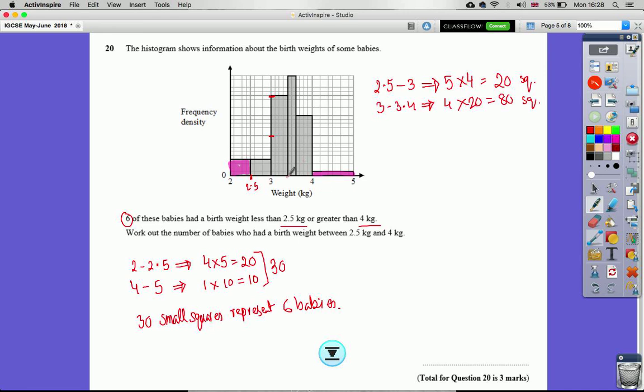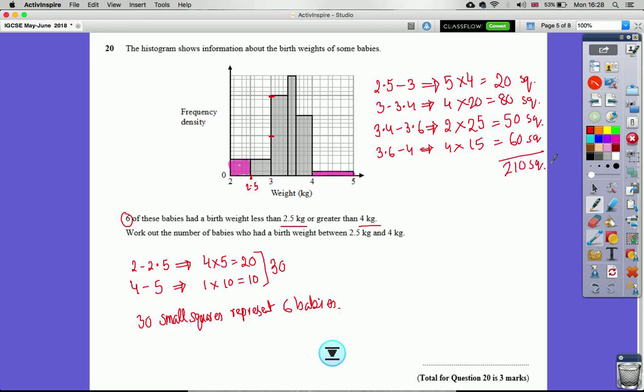Between 3.4 and 3.6, I have got 2 times 25, that's 50 squares. And between 3.6 and 4, that's 4 times 15, that is 60 squares. So altogether I'm getting 100, 150, 210 squares.